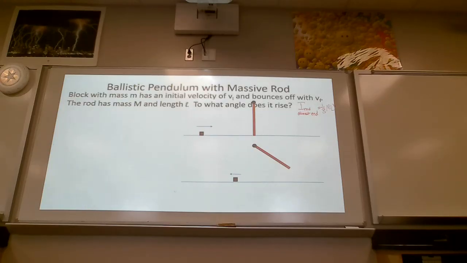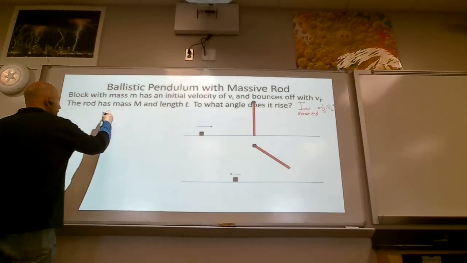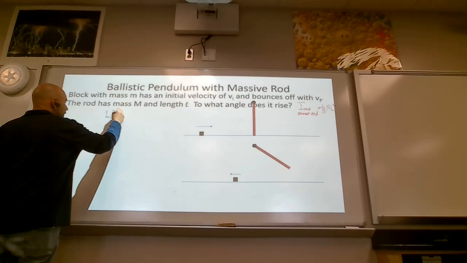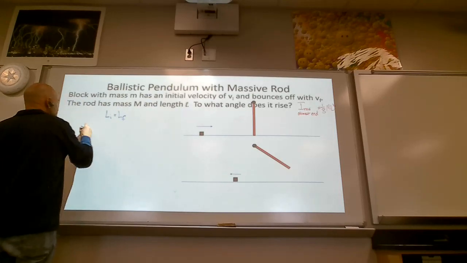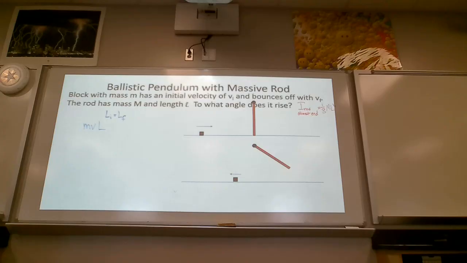So even though it exerts a force, there is no moment arm, no lever arm. So no torque is exerted. So for that collision, you look at angular momentum being conserved for the system. So you've got this point, mvL, is L. Okay with that?